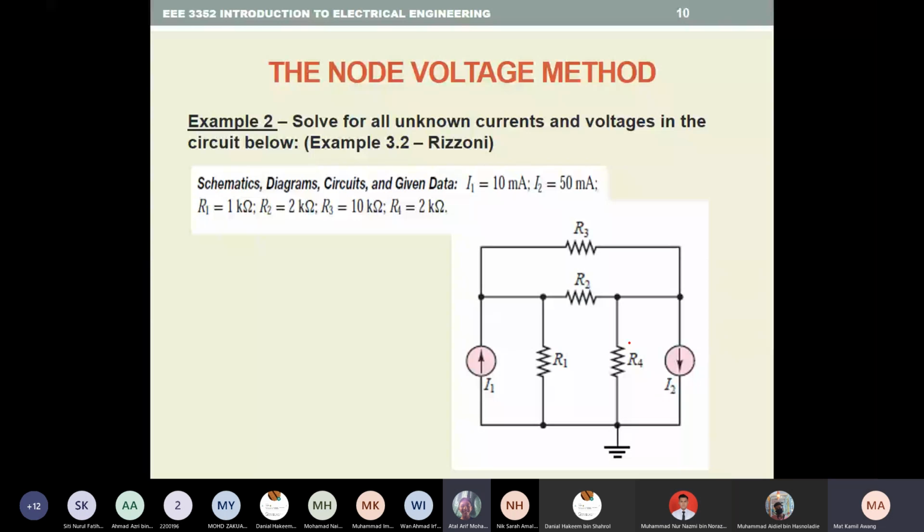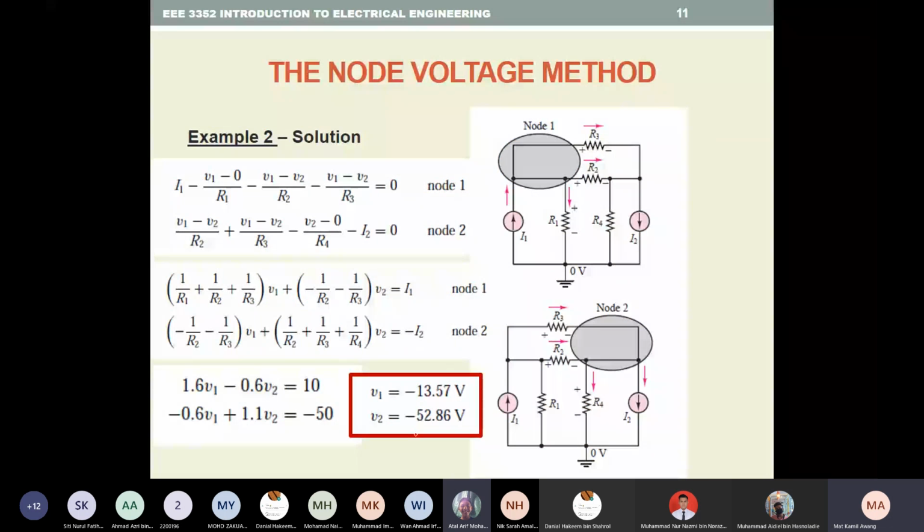Yes, 4. You sure? This is one node, right? Yes. This 3 nodes. You have 3 nodes.